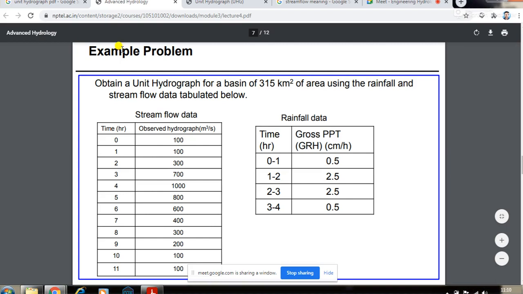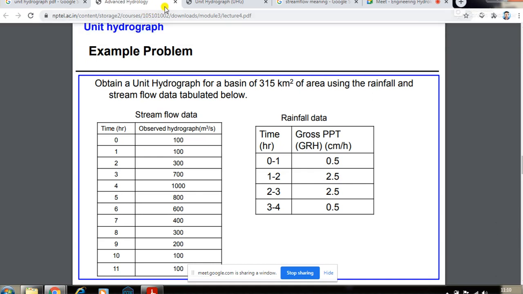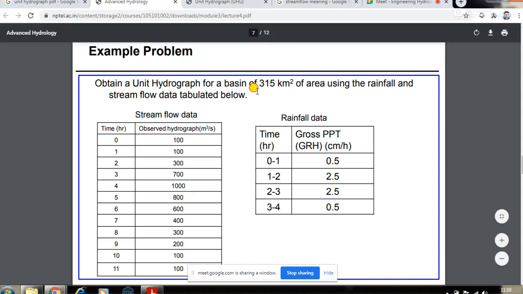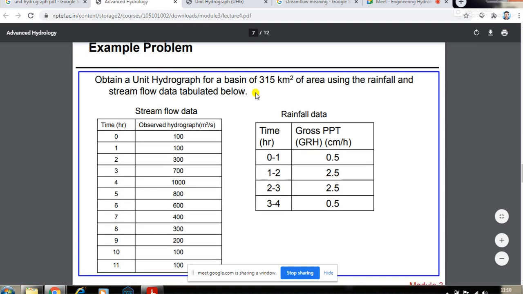Rainfall data is given in the right hand side table, where time and gross precipitation are given, and on the left hand side table there are observed hydrographs for different durations, 1, 2, 3, 4 hours. From here you need to find the unit hydrograph.